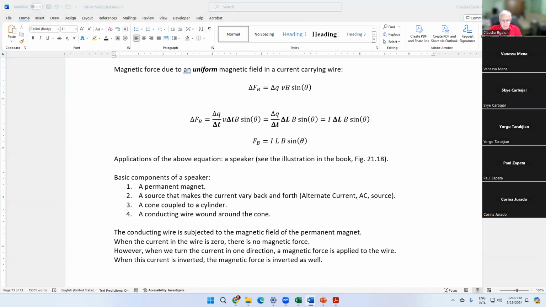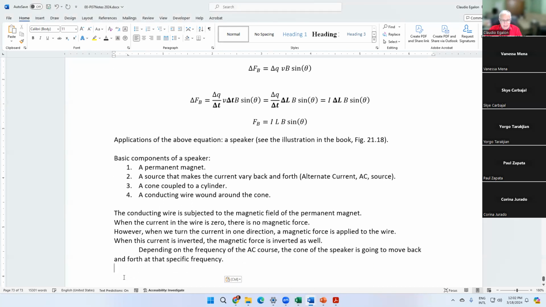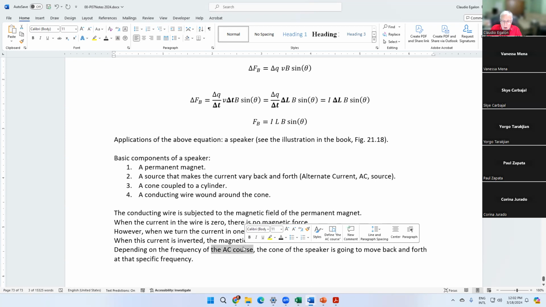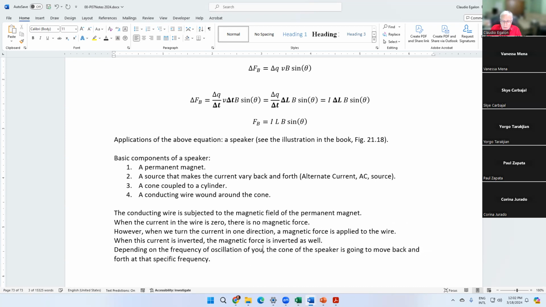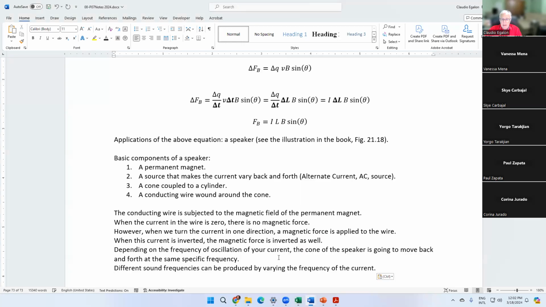Depending on the frequency of oscillation of your current, the cone of the speaker is going to move back and forth at the same specific frequency. These different sound frequencies can be produced by varying the frequency of the current.